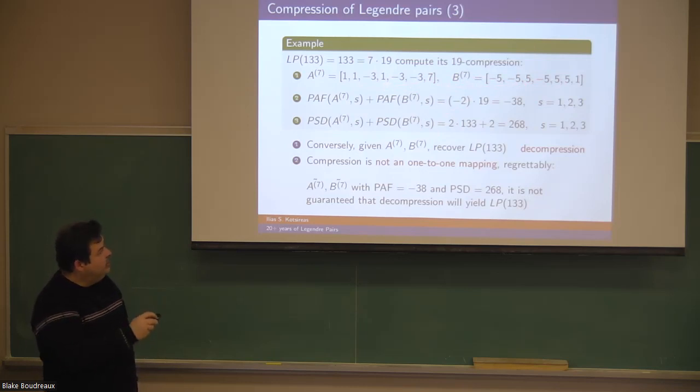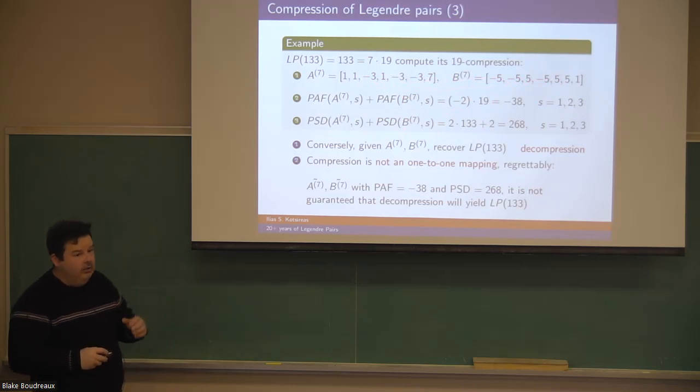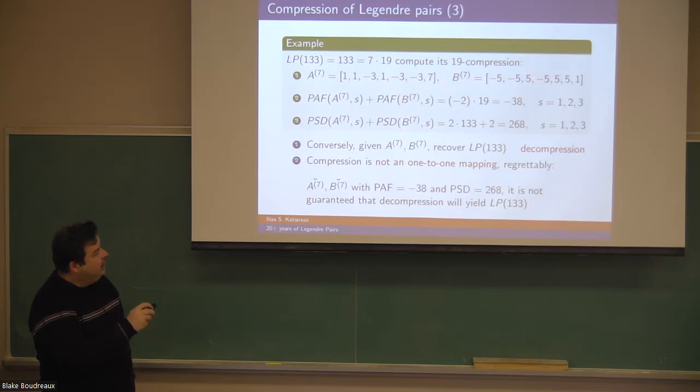So these 2 sequences, if you think about it, encode a Legendre pair of order 133, with total 266 elements. This is a very small encoding of this object. And if we compute the pafs, they sum to -38, -2 times 19. And if we compute the PSDs, they sum to this, as expected.